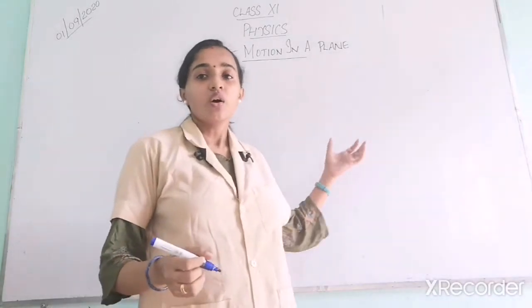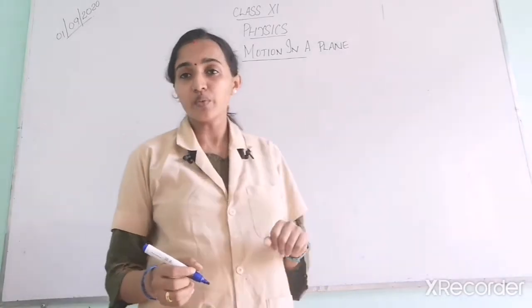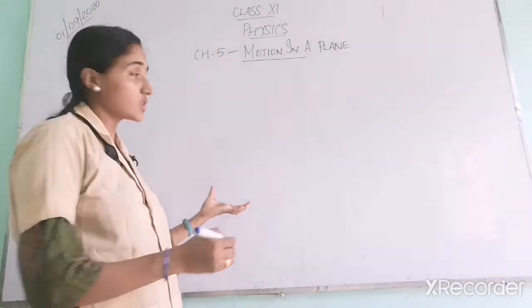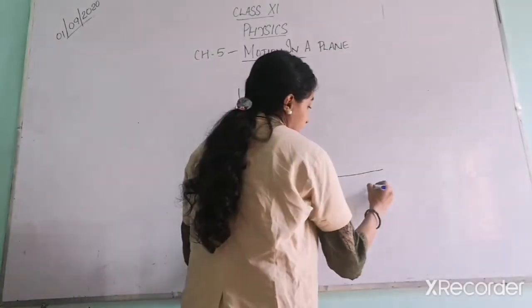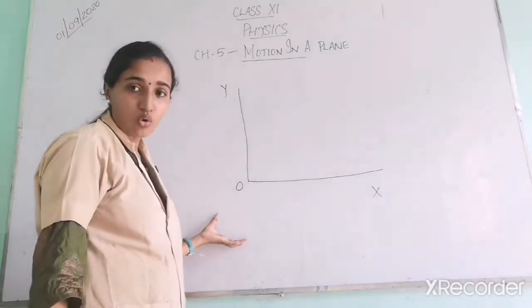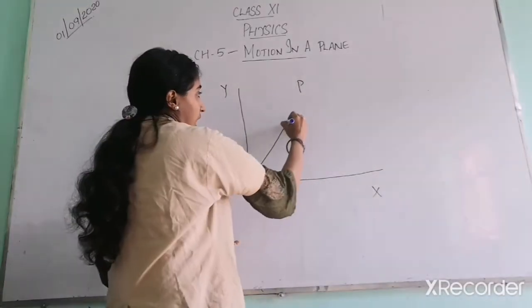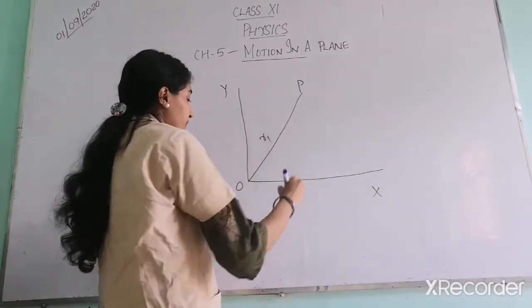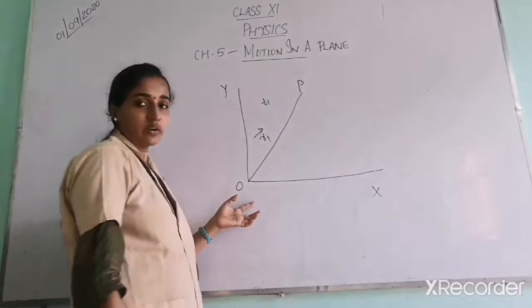The next subtopic is position and displacement vectors. To understand what a position and displacement vector is, let us consider a Cartesian coordinate system: x-axis, y-axis, origin O. Now let P be a particle at a distance r1 from this origin O at time t1.